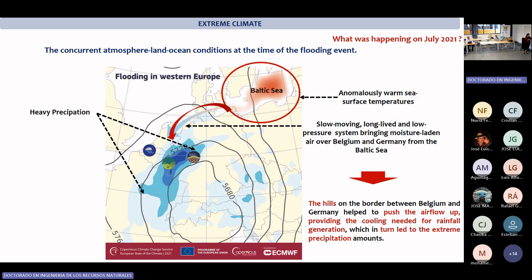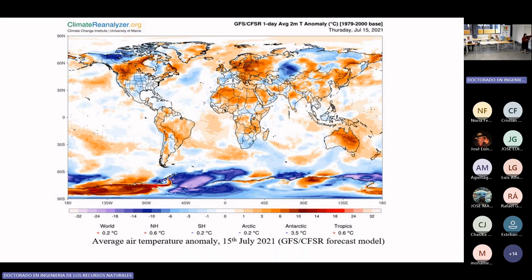That was very extreme. And when we looked at what happened before this period, before 15 July 2021, we saw heat waves in Canada, the US, and Ireland. You see the red points here, where we have really extreme heat waves.